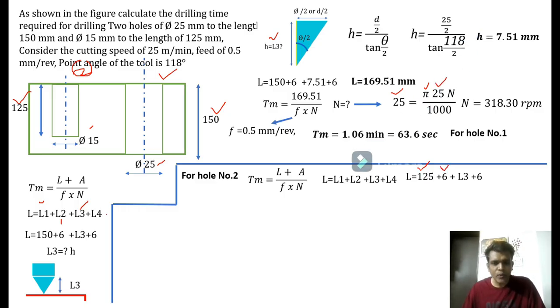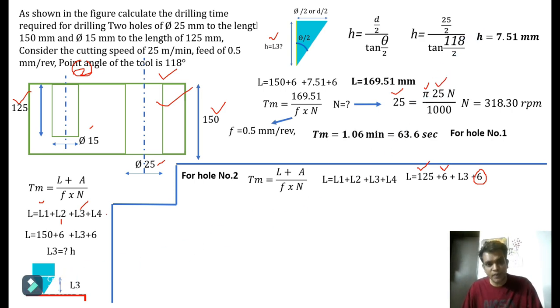Do we really have to assume this 6 mm, which is the over travel of a tool, as in the case of a through hole? But here, do we have a through hole? No. So there is no chance that the tool has some over travel.